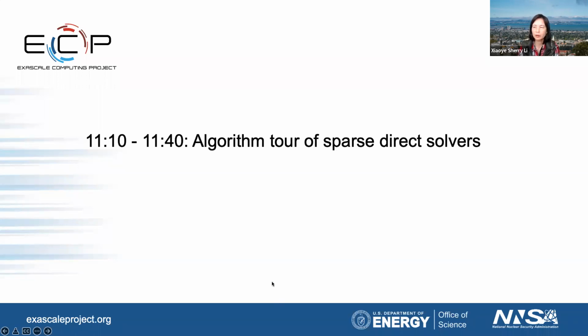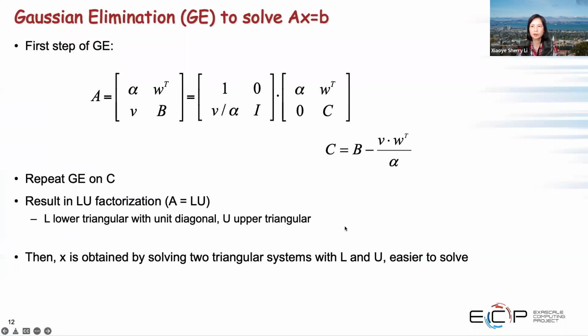Okay, so now we are spending maybe 30 minutes to talk about a little bit deeper dive of the sparse Gaussian elimination algorithm. So we first review Gaussian elimination to solve the linear system.